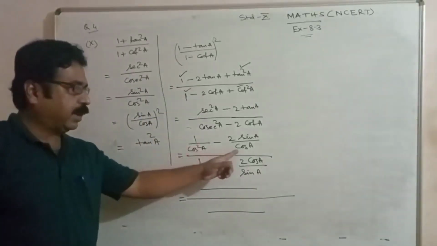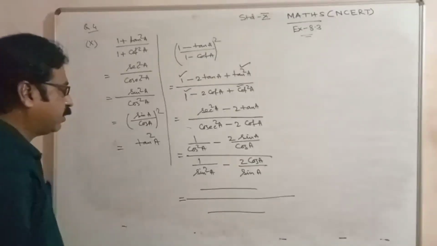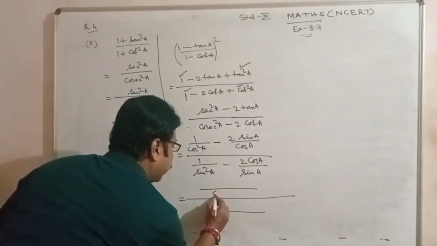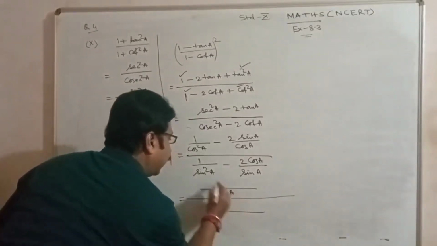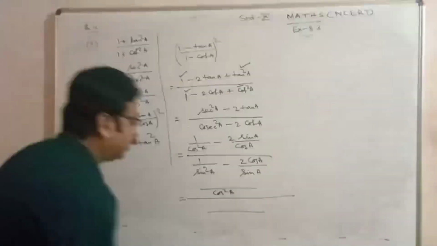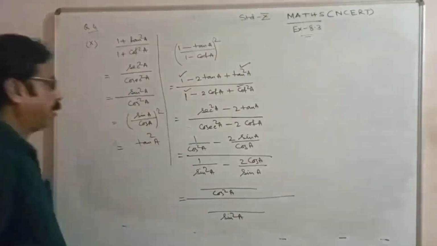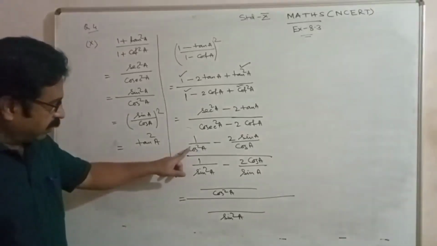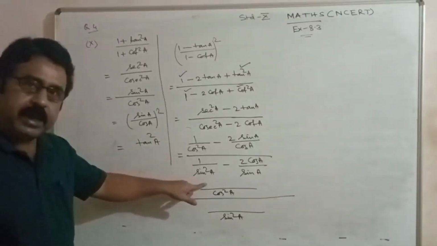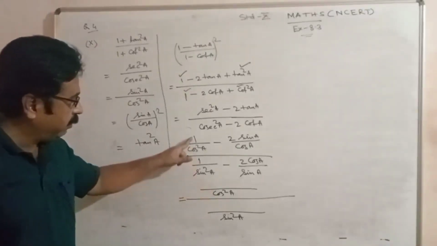Cos square A and cos A. Cos square A will be the LCM. And here sin square A, sin A. Sin square A is the LCM. Cos square A into 1 is cos square A. That 1 into 1 is 1.